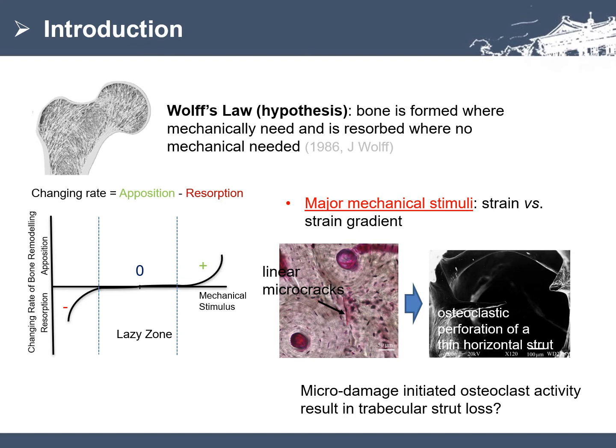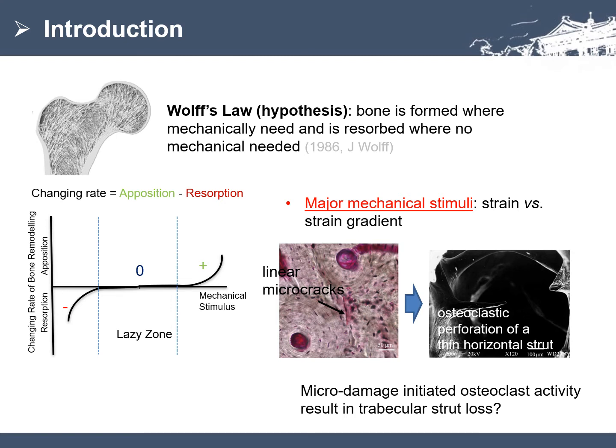The most famous and widely used is the trilinear curve, as shown in the slides. It describes this adaptation process by two thresholds. When the mechanical stimulus or mechanical signal is below the first threshold, it is considered a bone resorption stage.